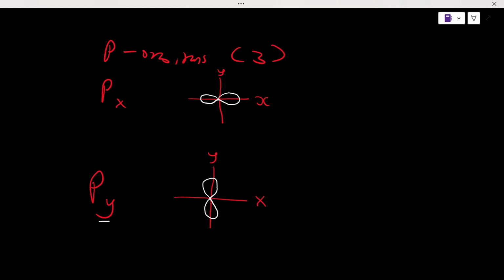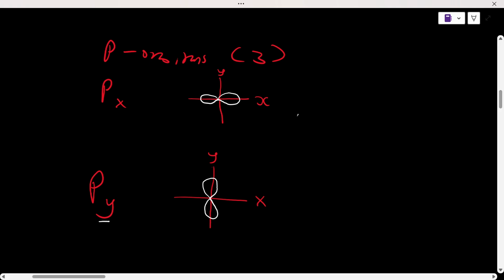So when I'm having a px, the orbitals are oriented along the x-axis.